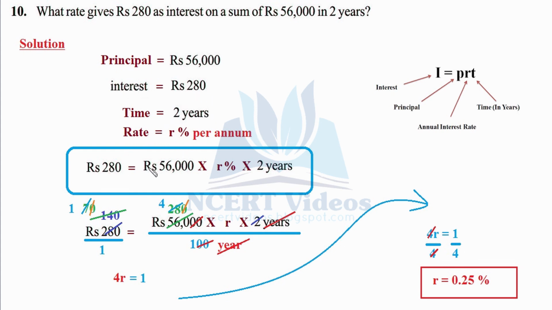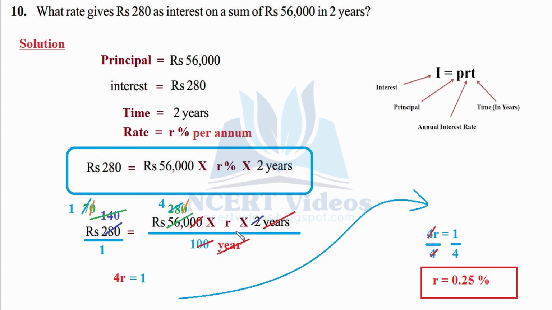So interest is equal to PRT over 100. Interest is 280, and wherever nothing is written in the denominator, you can take it as 1. This equals 56,000 into R percent into 2 years.